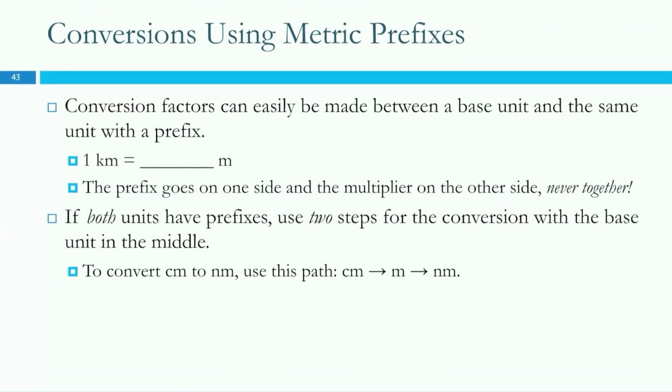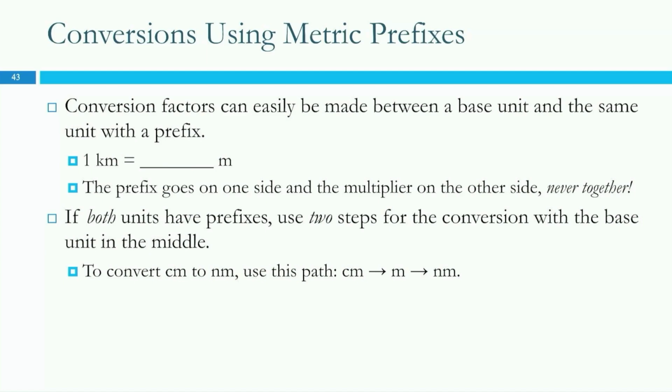So conversion factors for metric prefixes can be very easily made between the base unit and then another unit with a prefix. Once you get more familiar with these, you can make conversions between two different prefixes. The easiest way, though, is to just go back to whatever the base unit is and then go to a different prefix.